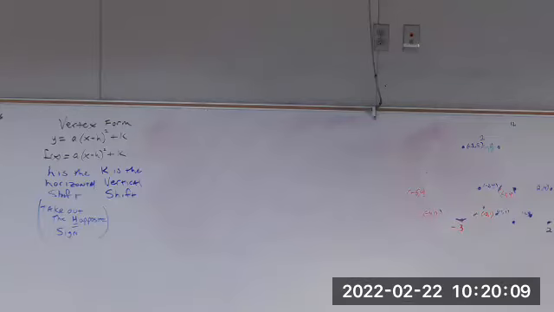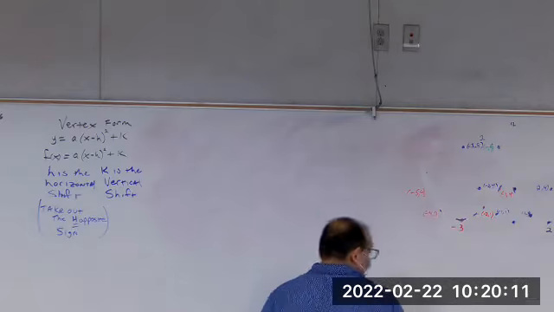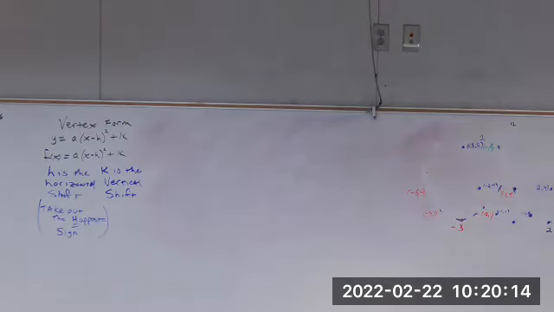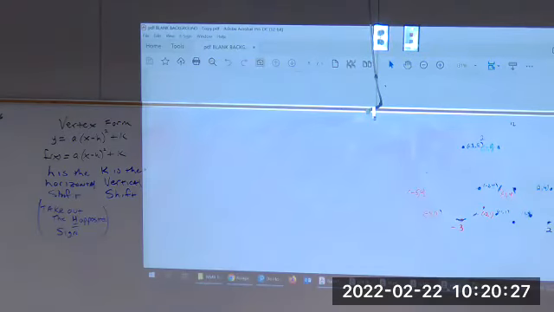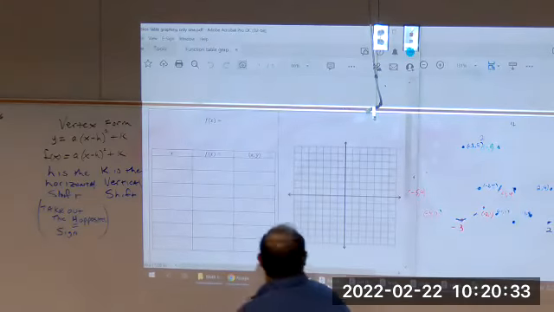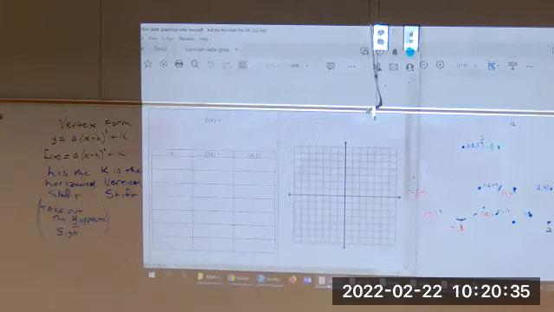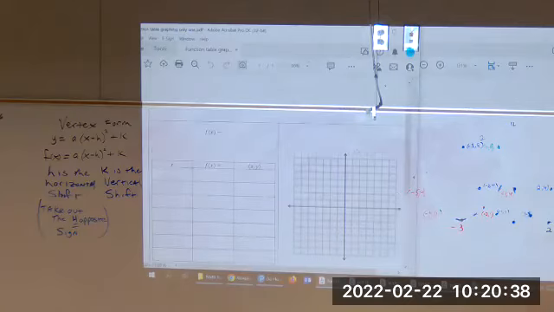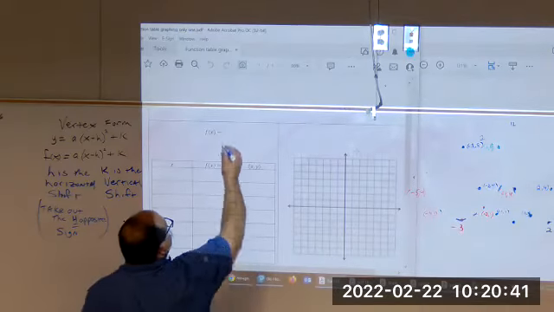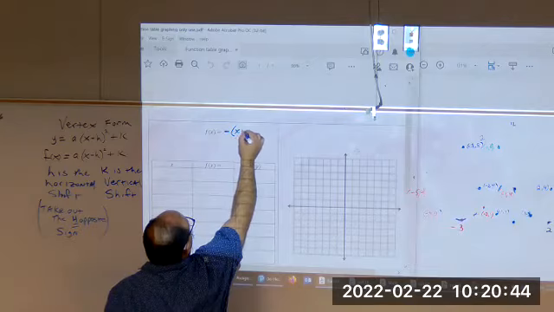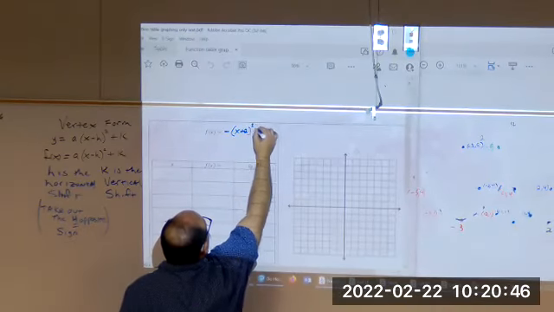Y equals negative parentheses x plus 2 squared plus 4.